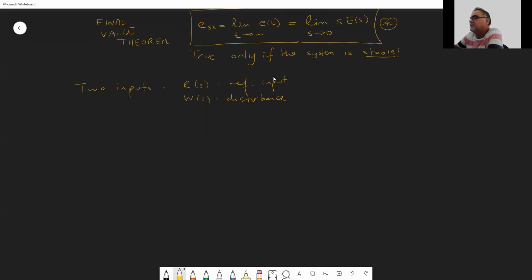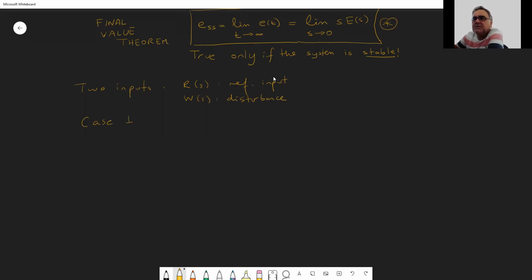It is like something from the outside. Let's say the wind is a disturbance for our system, or external torques which you don't have control over, or external temperature. This is something you want to eliminate if possible. But we will look at the effect of each of them one by one. That is, we will first look at the effect of R, then the effect of W.